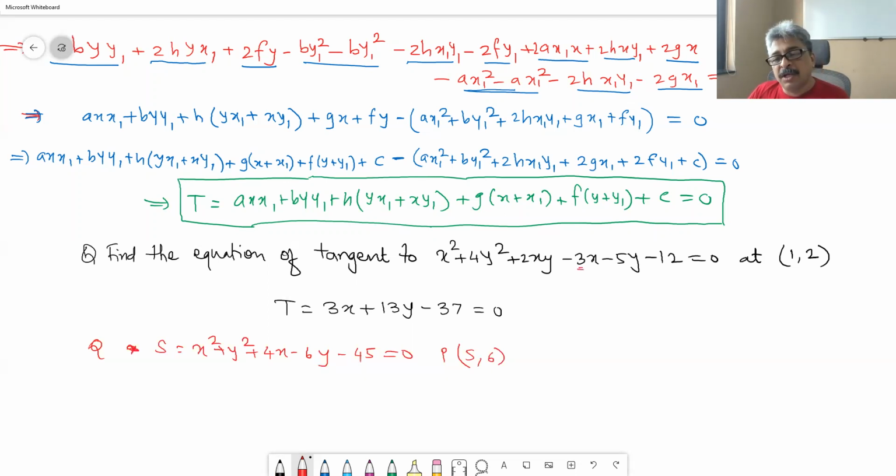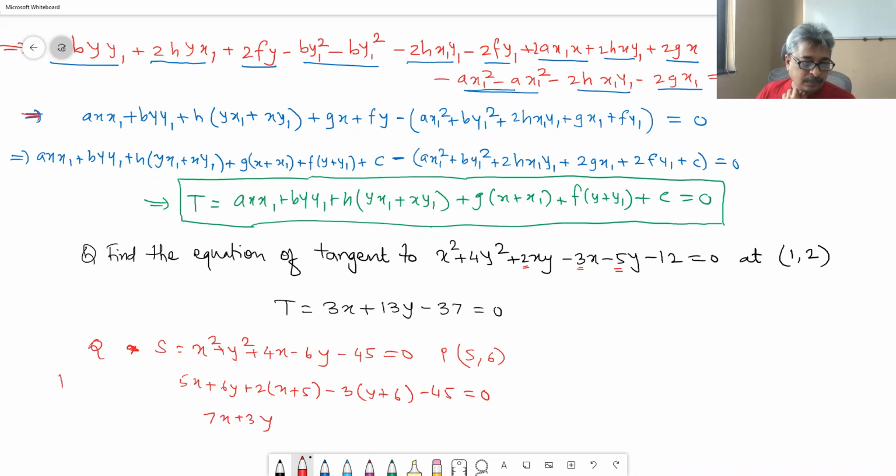Even if there is an odd number here, hope you are able to deal with it. So here it will be 5x plus 6y plus 2 into x plus 5 minus 3 into y plus 6 minus 45 is equal to 0. That makes it 7x plus 3y, 10, 18, 8 plus 3, 63 with negative minus 10 minus 50.